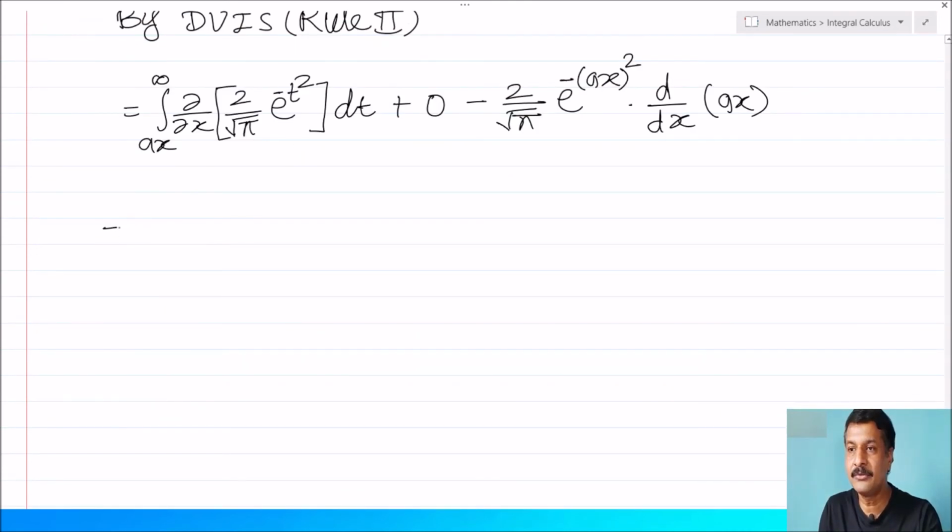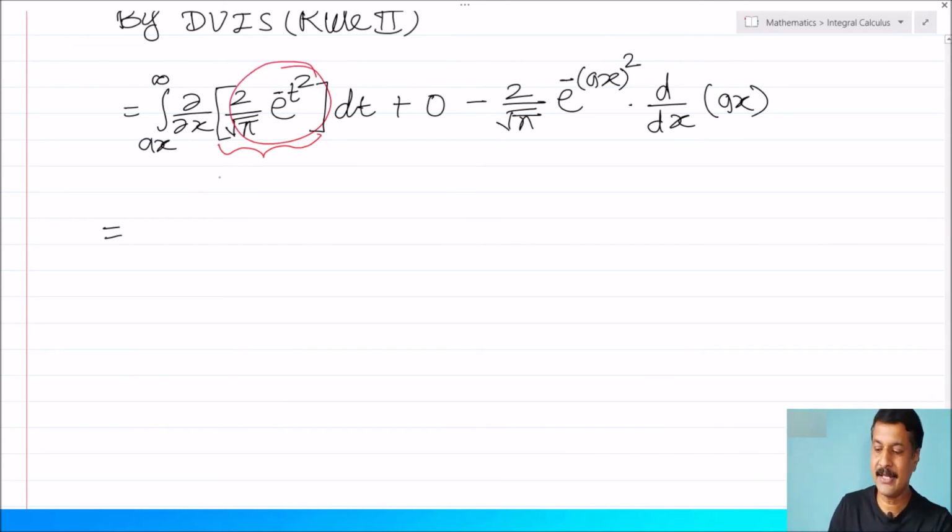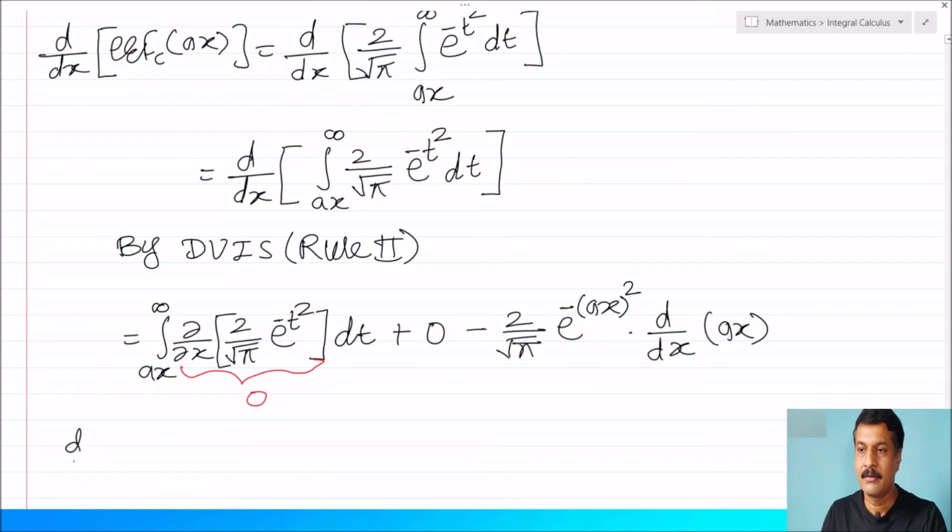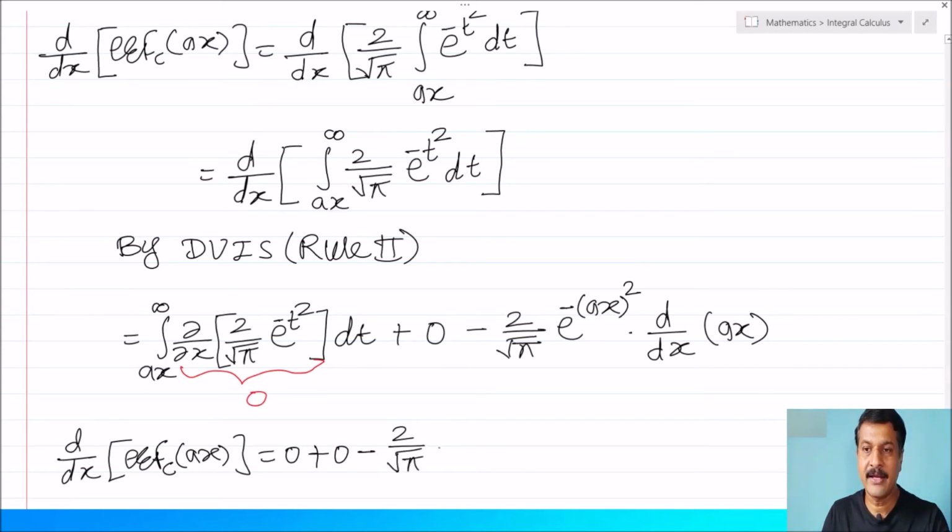So here, what is the partial derivative of this with respect to x? It does not contain x, and therefore the partial derivative with respect to x is equal to 0 here. The result becomes d by dx of the complement of error function of ax equal to 0 plus 0 minus 2 by root pi into e raised to minus a square x square into the derivative of this with respect to x, which is nothing but a.